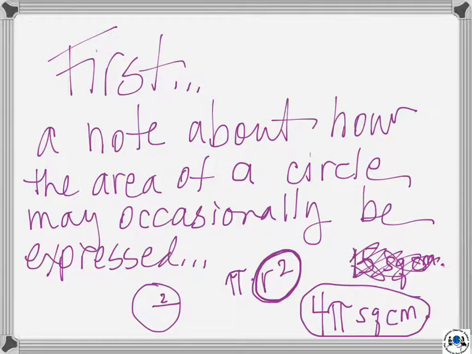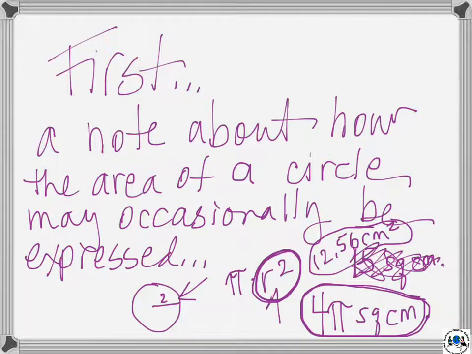So this one, in fact, would be something like 12.56 centimeters, or square centimeters, centimeters squared. So you could express it this way: 12.56 centimeters squared is the area of that circle, or they might express it as 4 pi square centimeters, where they are squaring the radius and then just putting pi alongside it.